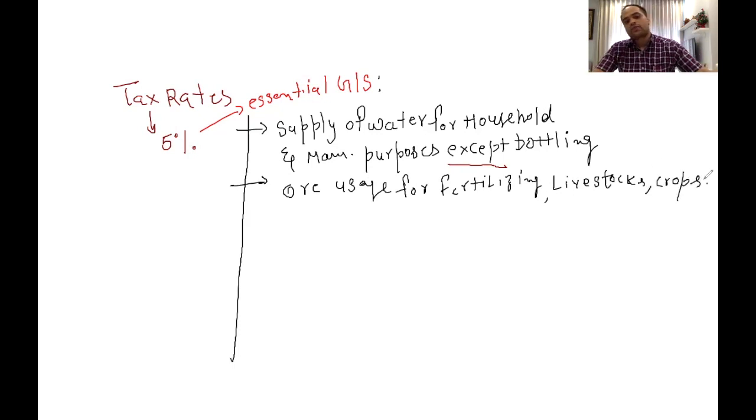So any natural material used for fertilizing livestock or crops, of course, we don't have to pay value-added tax.